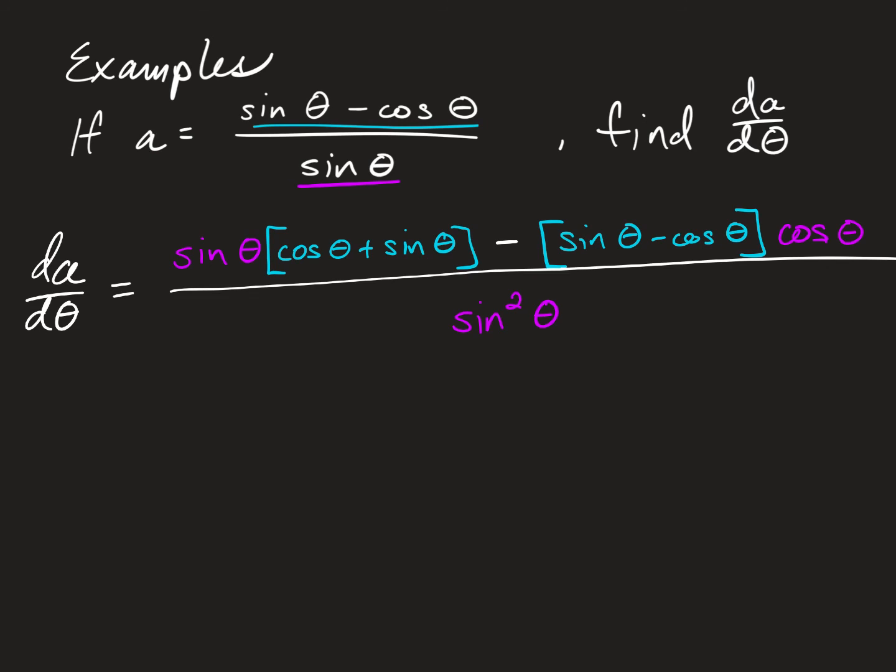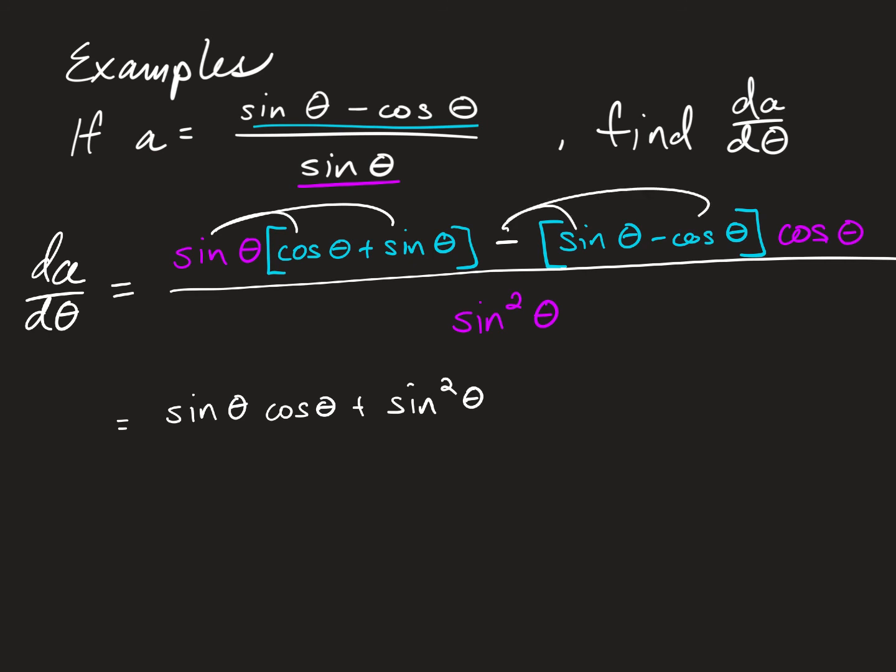All right, so when we distribute sine here and here, we will get sine of theta cosine of theta plus sine squared of theta. And when we distribute the negative here and here, as well as the cosine from behind here and here, we will get the following.